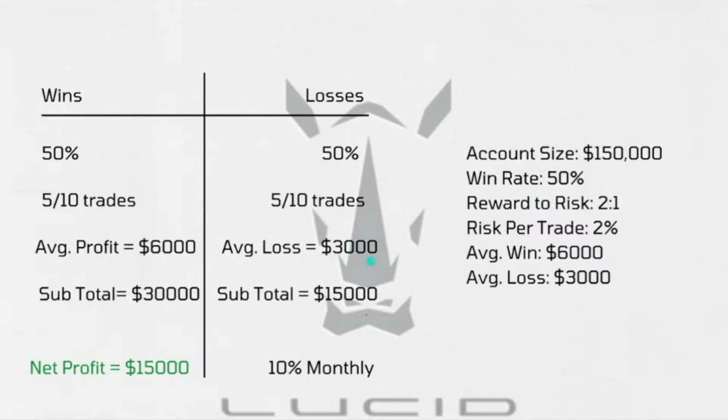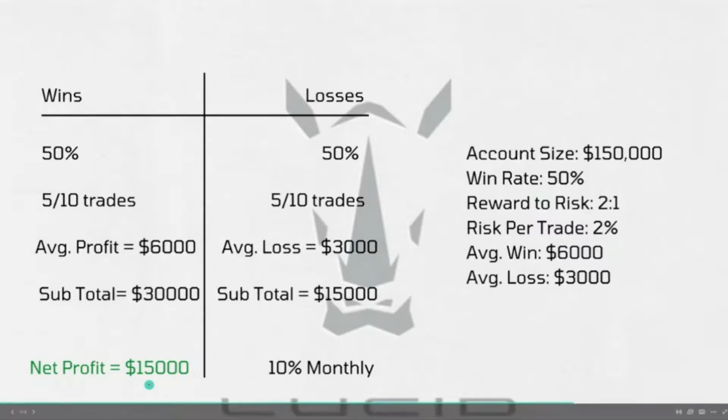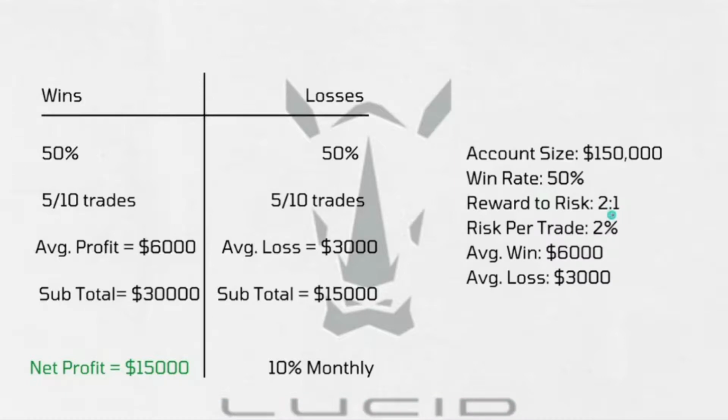Again, it's just a hypothetical model, but the point is to show you the math: you don't need to be winning 90% of your trades to be profitable. You need to manage risk well. You need to take good reward to risk ratios. Every model I showed, I didn't go above a 70% win rate. And you saw the kind of return that was being offered, right?